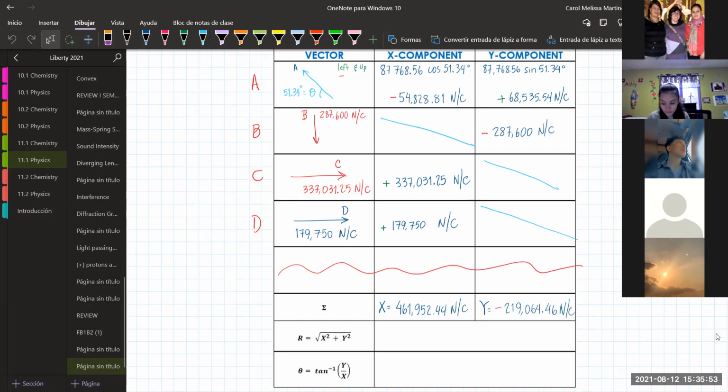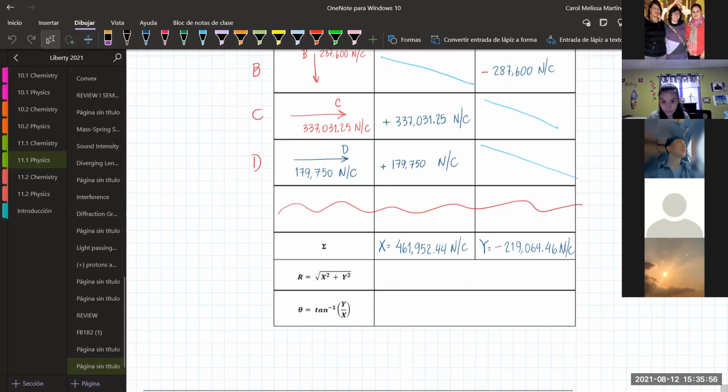And now comes the easy part, that is where we need to get the resultant. I'm not going to write the equation, you already know it. I'm just going to do the procedure, not the answer.